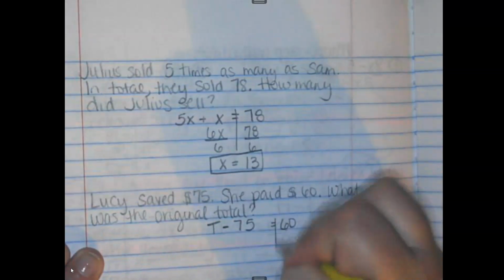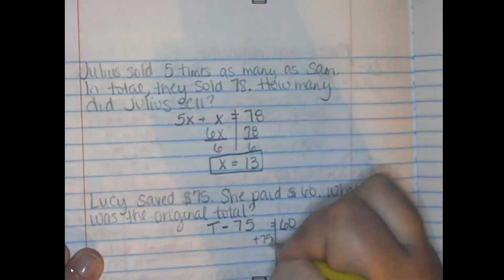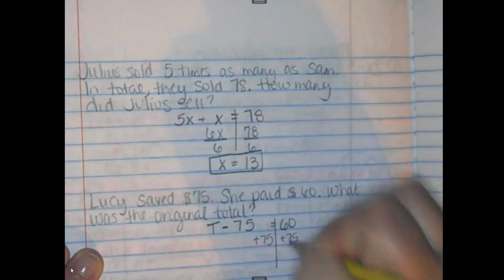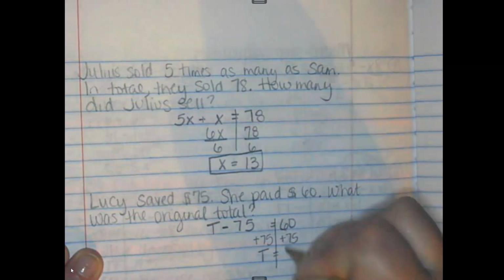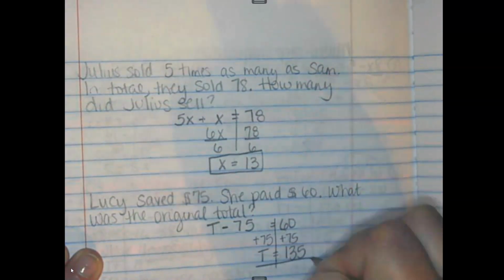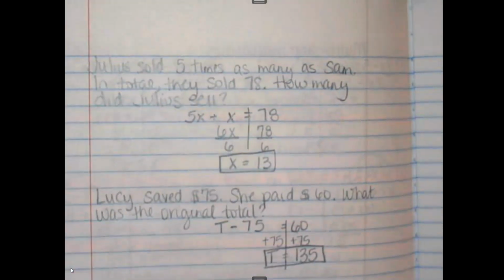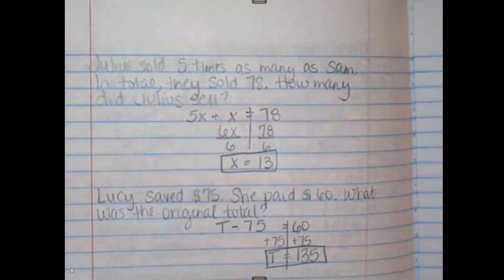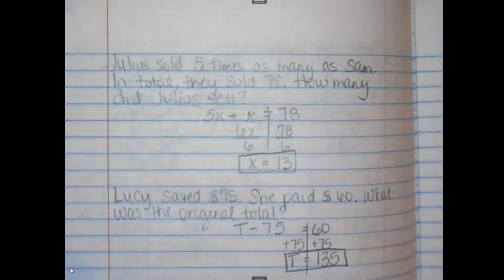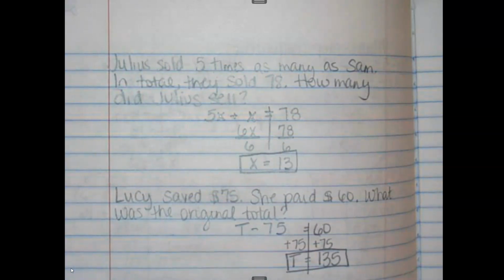So to solve, I add 75 to both sides. And my original total was $135. All right. That should take us to about halfway down the page.